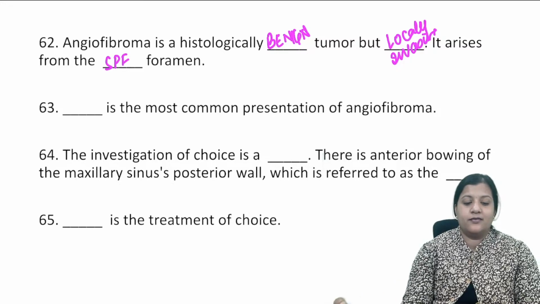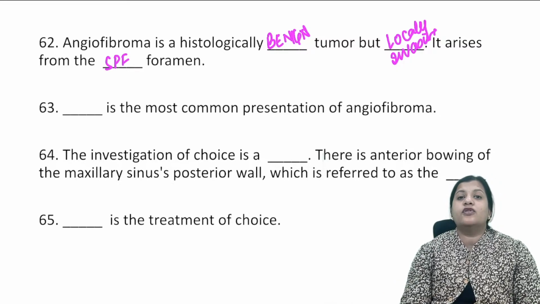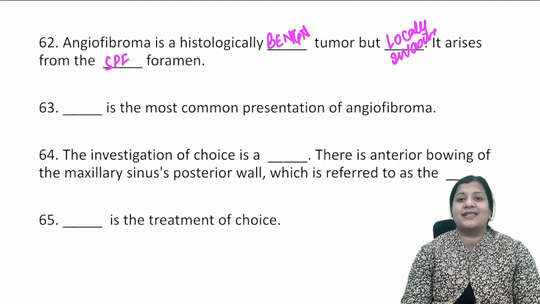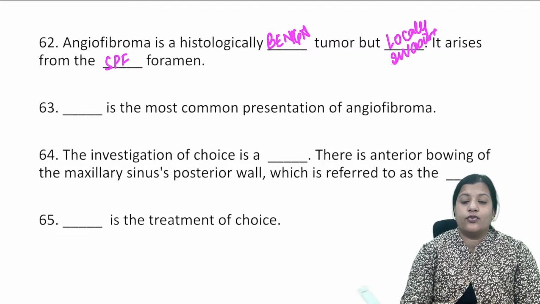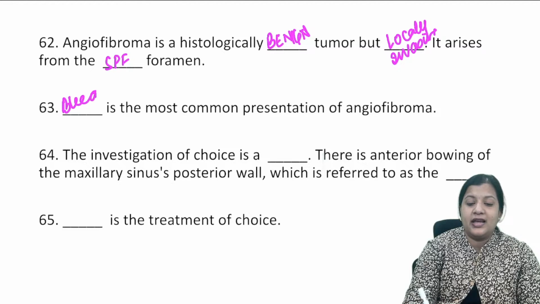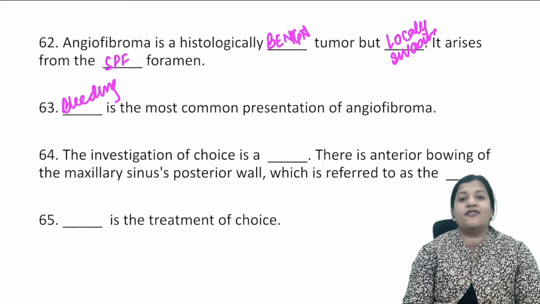Sphenopalatine foramen. What is the most common presentation of angiofibroma? Because it is extremely aggressive and the blood vessels do not have a muscular layer, they present with bleeding. So bleeding is the most common presenting feature.